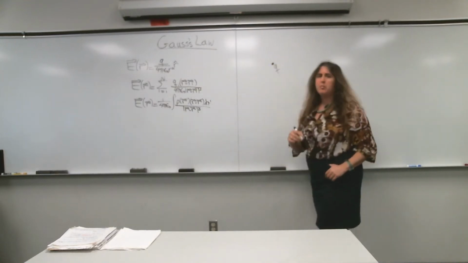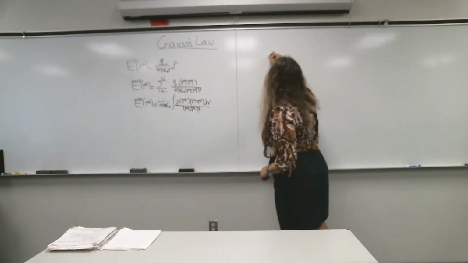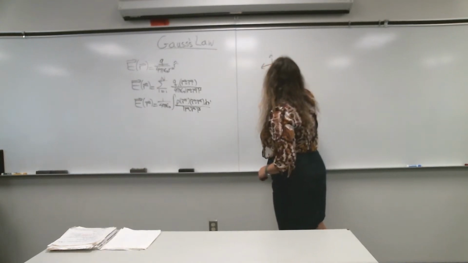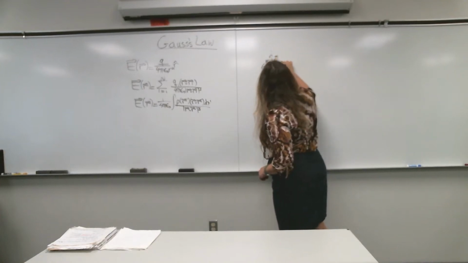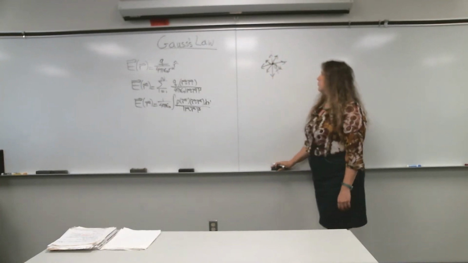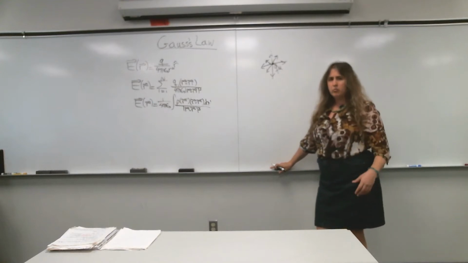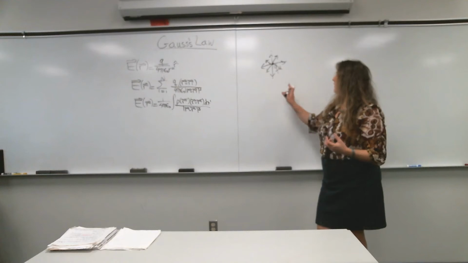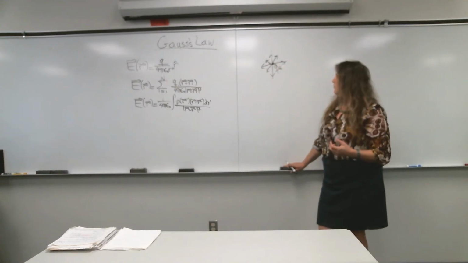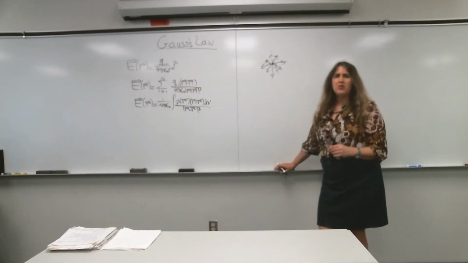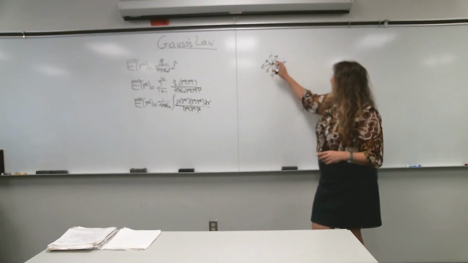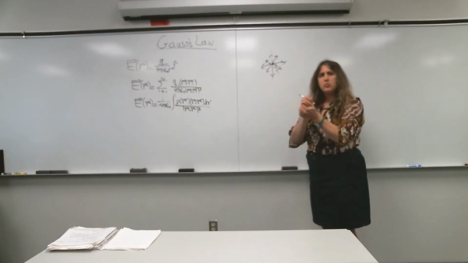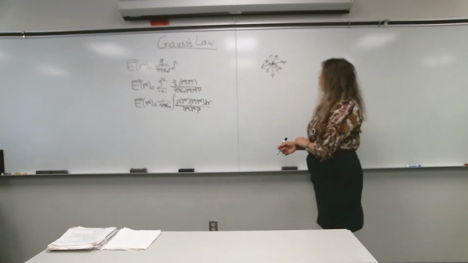So we had a positive charge Q. The field lines would look like this, and of course you want to visualize it. It's more like a pin cushion, really, because we're just rendering this on a 2-dimensional board, but you want to think of it as being a pin cushion with the ray lines extending radially outwards.